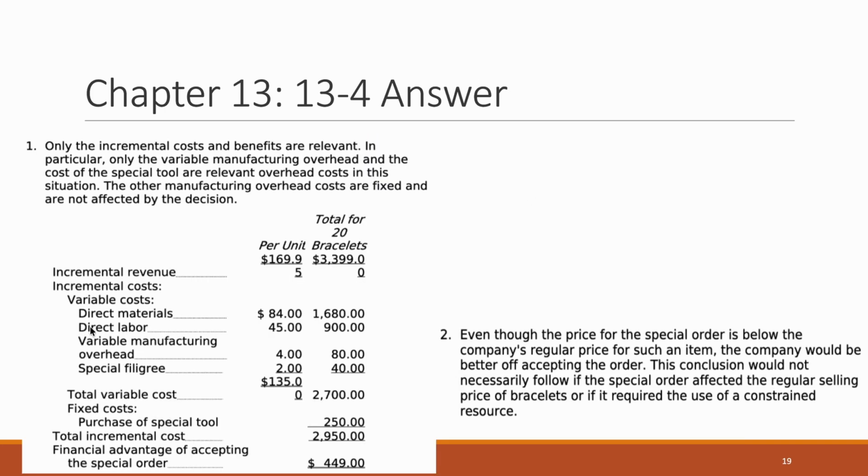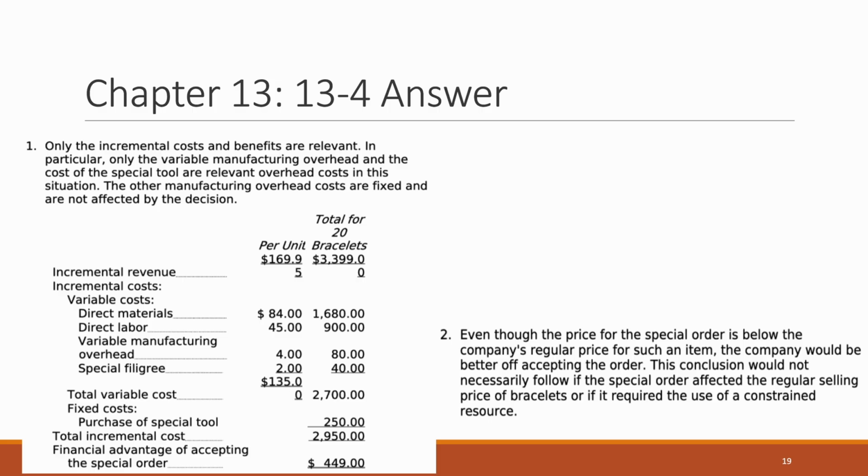Then the direct labor is $45, again, given to us. The variable manufacturing overhead, we know that $4 of the $20 originally is variable. The rest is going to be fixed, and we don't have to consider that because that's not a relevant cost to this scenario. So it's only going to be the $4 for variable manufacturing. And then finally, the special filigree additional cost of $2 per unit is going to get added on, which means our variable cost per unit is $135.